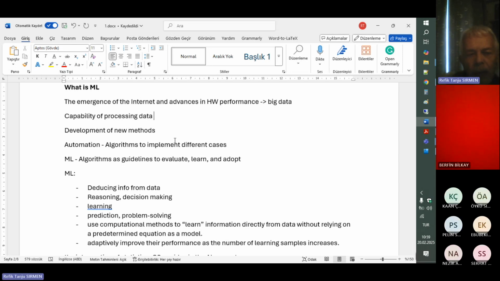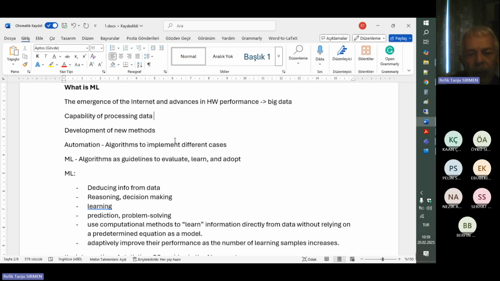So, talk about the history of evolution of artificial intelligence, specifically machine learning. I just underlined the emergence of the internet, and through that, the collection of huge amounts of data. The data is the fuel, as I said, for artificial intelligence.